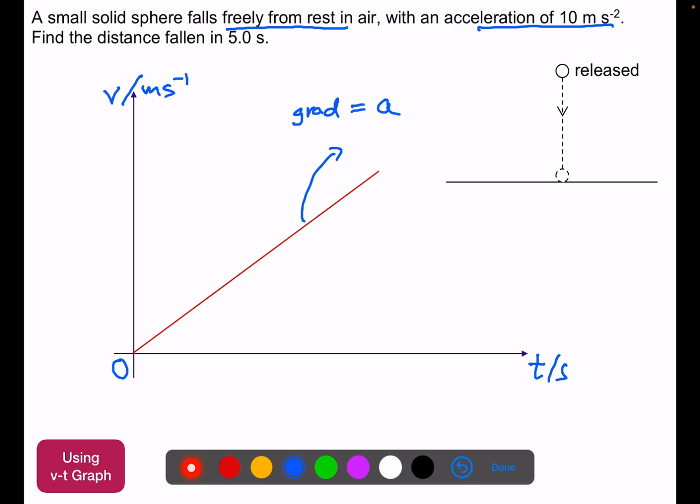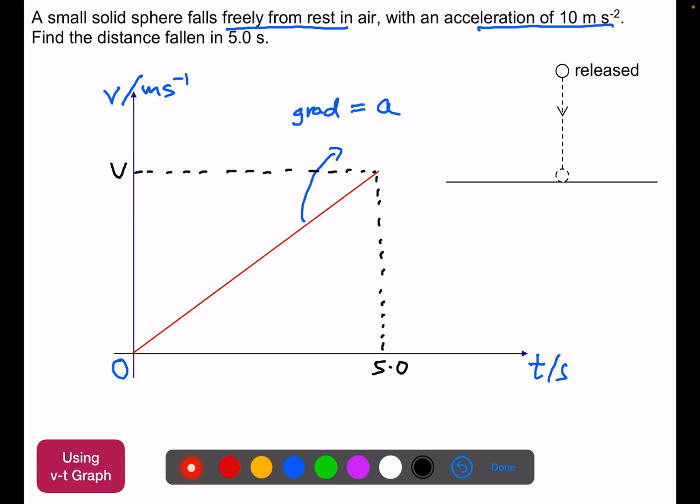Now this graph has a gradient, so we can assign a suitable symbol for the final velocity, and this final velocity occurs after the time interval of 5 seconds as given by the question.